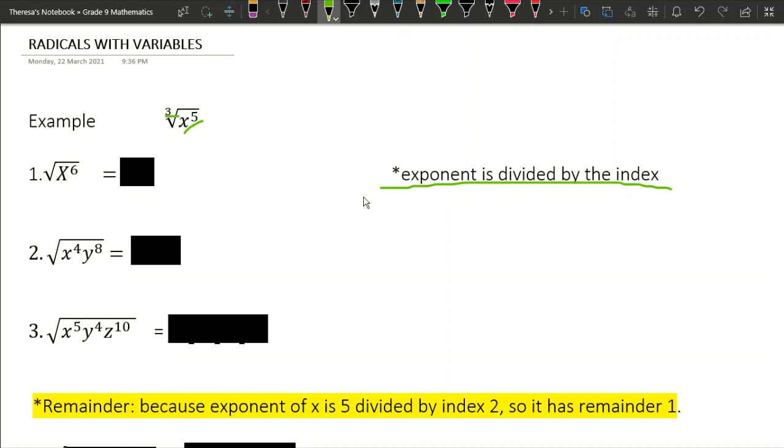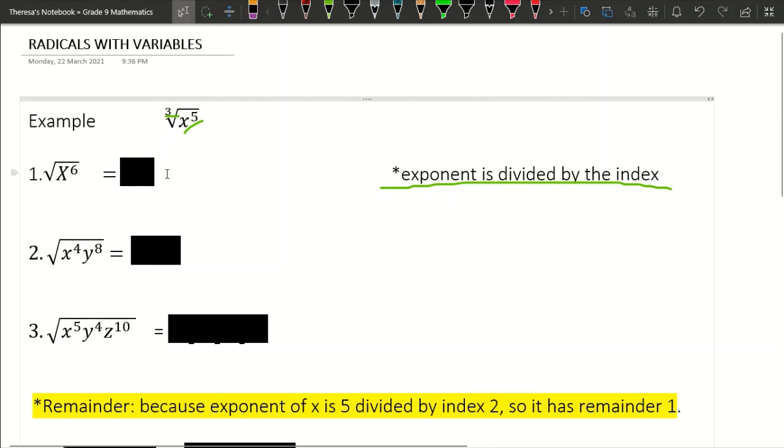So, ang mangyayari, 6 divided by 2, that is 3, right? So, let's see. Ayan. So, that is the final answer. Okay? So, x, we have here 6, i-divide natin sa index na 2. So, we have x raised to the 3rd power.